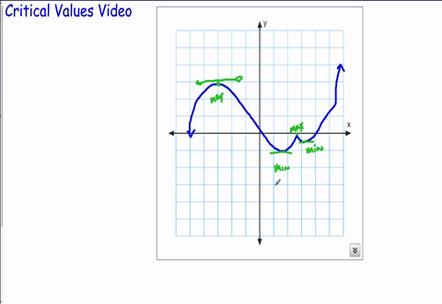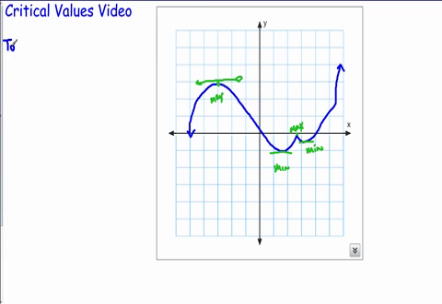So our goal today with this video is to find out how to figure out what the critical values of a function are. Okay, it's really not that hard. Here's how you do it, or the rule for it.